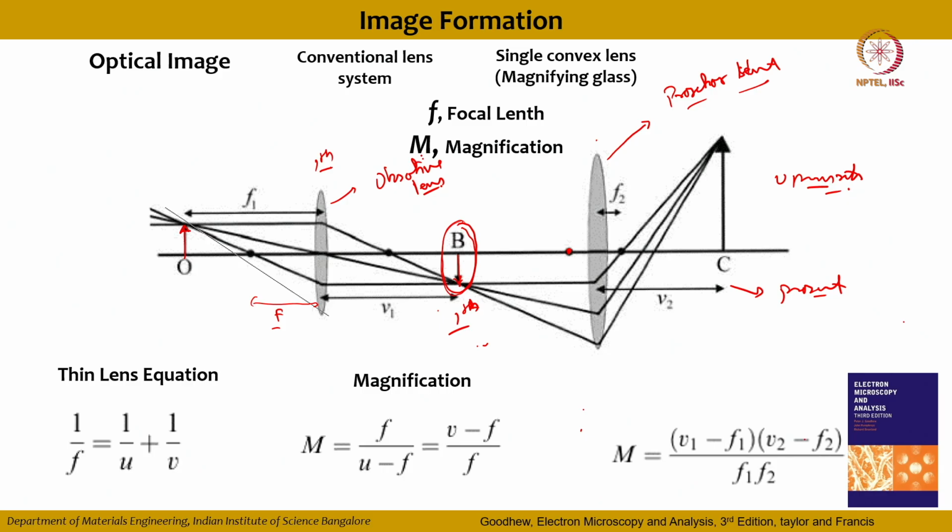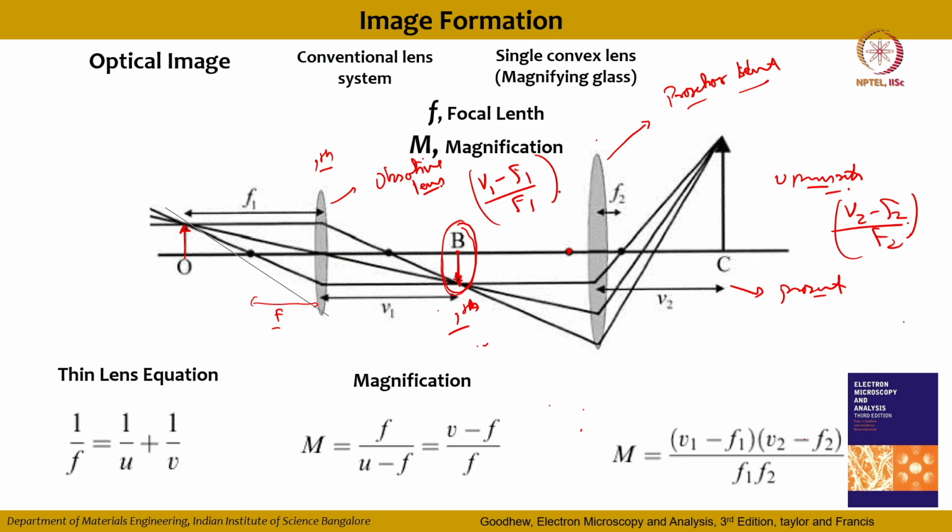Okay, so the magnification at this position B will be given by the earlier formula, which is V1 minus F1 divided by F1. Correct. Now the size of this particular image is magnified again by using the projector lens, so it will give a further magnification of V2 minus F2 divided by F2.